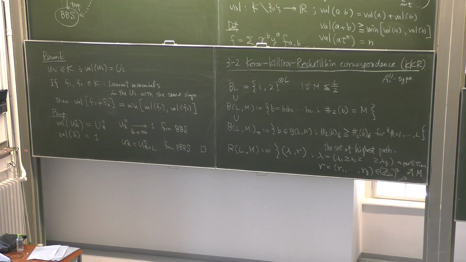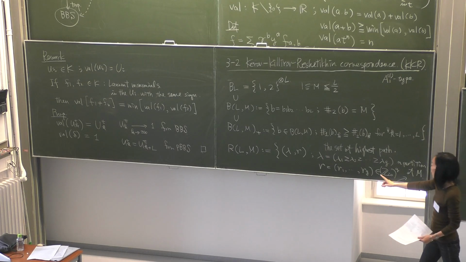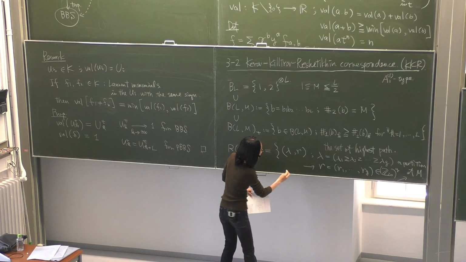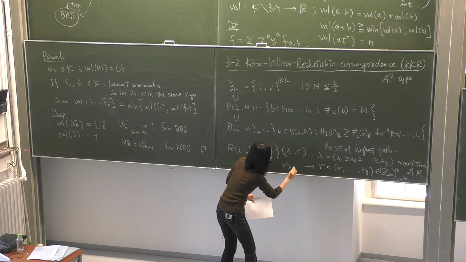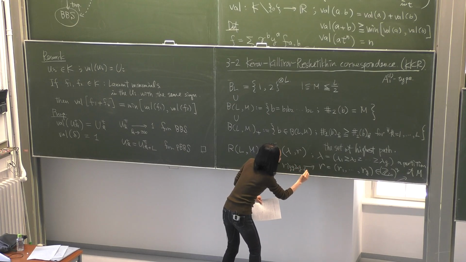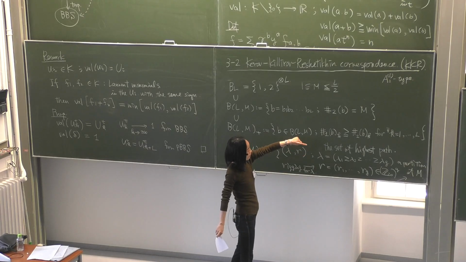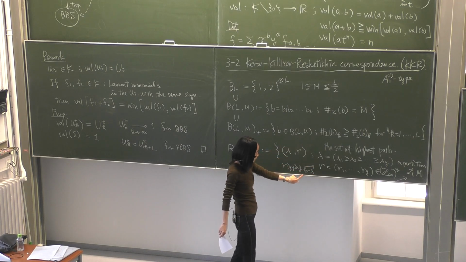I will show an example soon. This number is called the vacancy number. And this R is called a rigging for lambda. So we have a partition and its rigging, satisfying this condition.